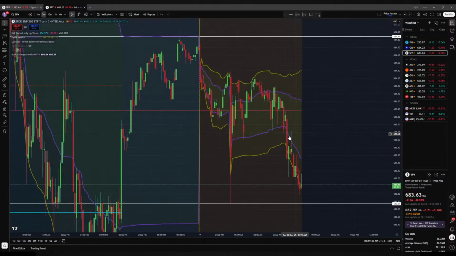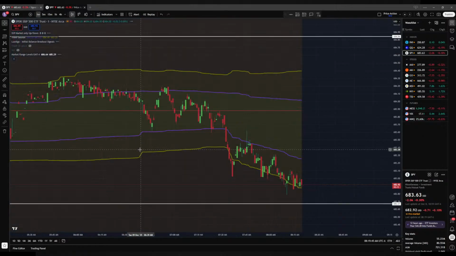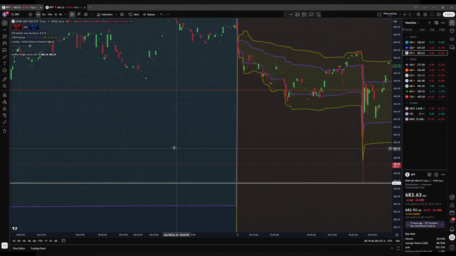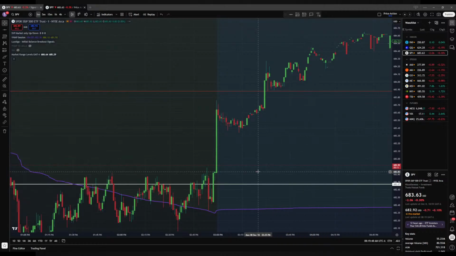So far you can see overnight, right, we had that big huge shoot up the last 5 minutes of the day yesterday. Let me go to the minute and actually see down to the minute when that happened. Wow. So the very last minute of the session yesterday, from 682.81 almost up $1 in 1 minute.